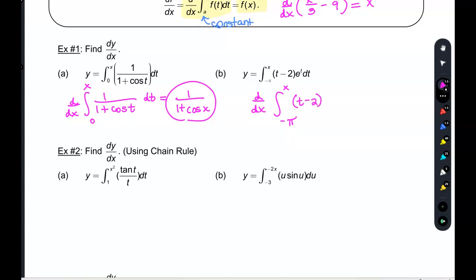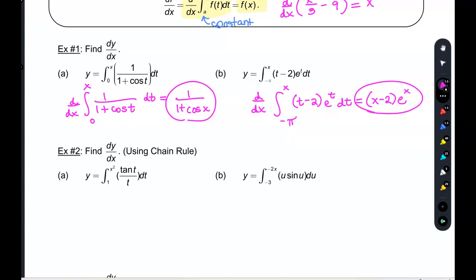I'm going to write it out so you can see. This is going to become x minus 2 e to the x. Is this hard? We can go straight to the answer, right? Yeah, you could just write dy dx equals if you want.